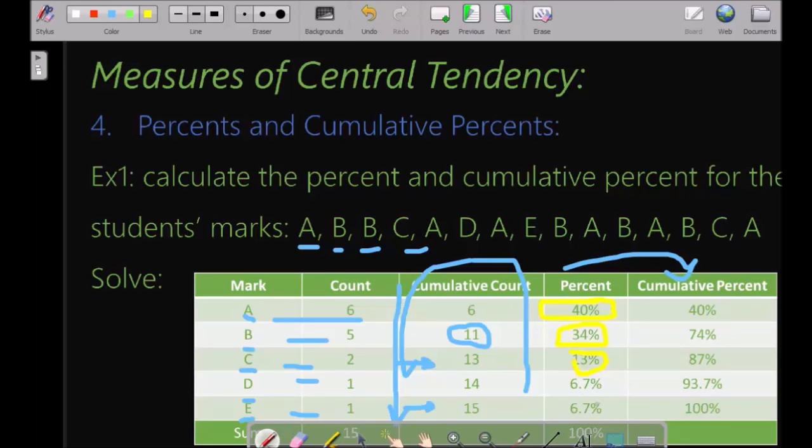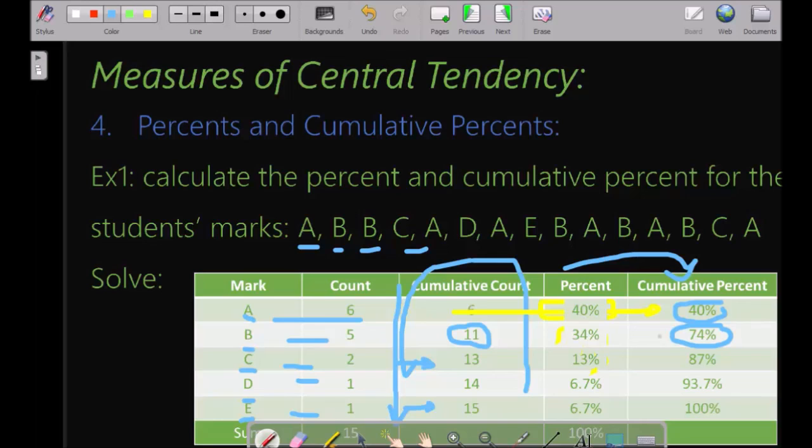Now let's talk about the cumulative percent. It's the same idea here. I have 40% of my students who got A. I have 74 who got A or B. I'm just summing these values. Okay, so it's 40.